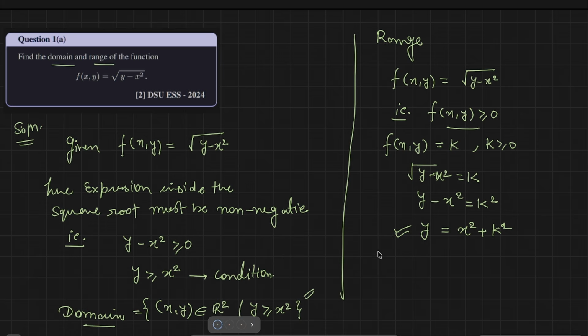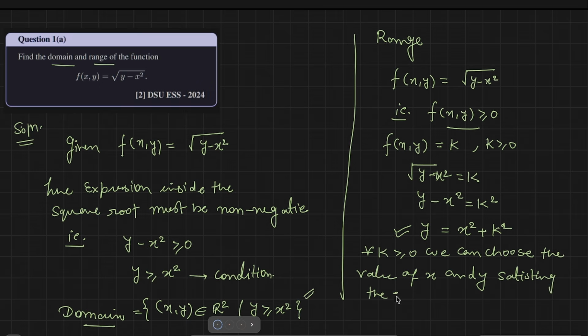So for every k greater than or equal to 0, we can choose the values of x and y satisfying equation number 1.